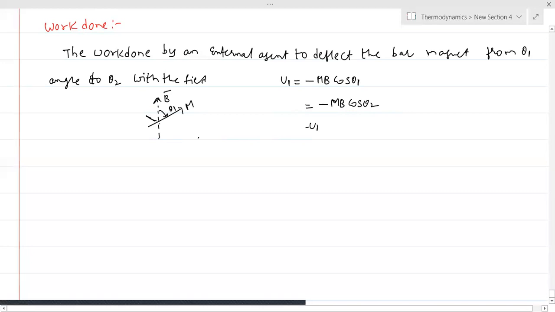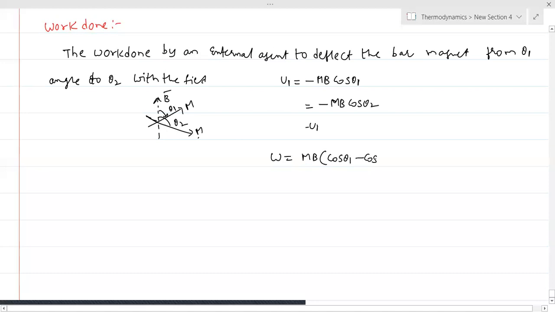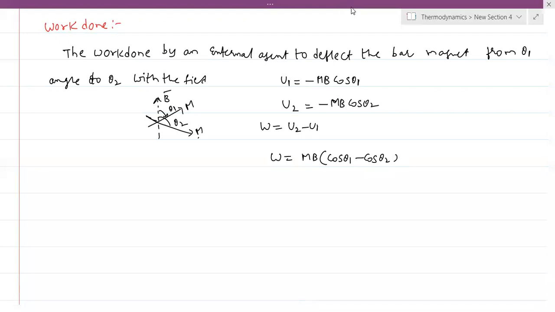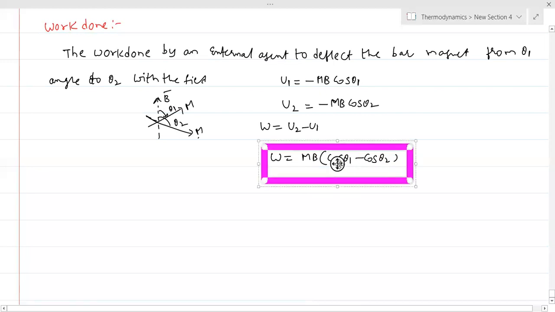Later the magnet turned to be at an angle theta 2. So work done equals U2 minus U1. This work done is MB into cos theta 1 minus cos theta 2. So this is very important, and it is widely useful in any topic.